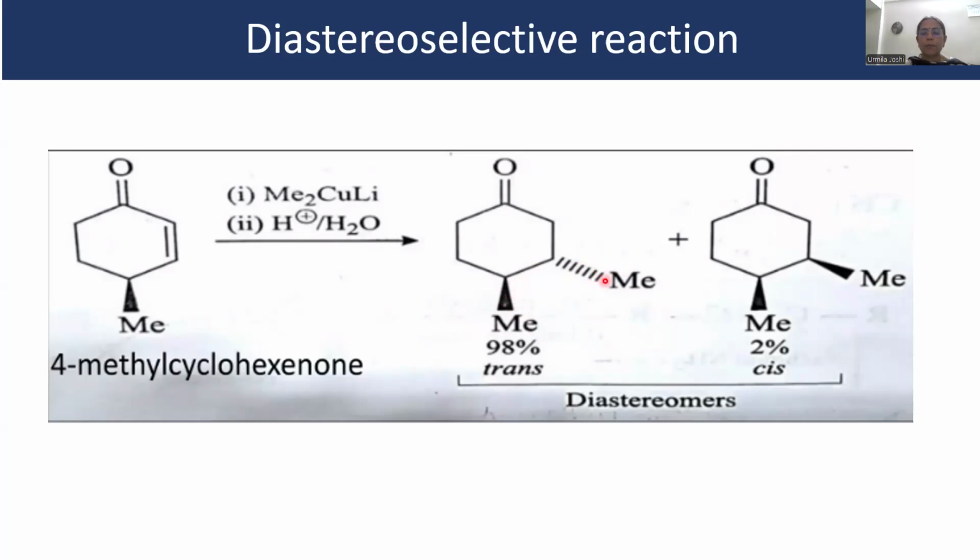Therefore, the trans product is formed at 98% and the cis product at 2%. So the reaction selects one diastereoisomer over the other, and therefore this is called a diastereoselective reaction.